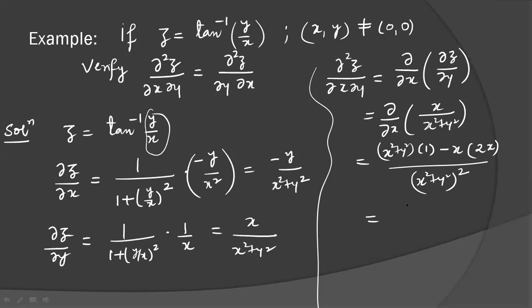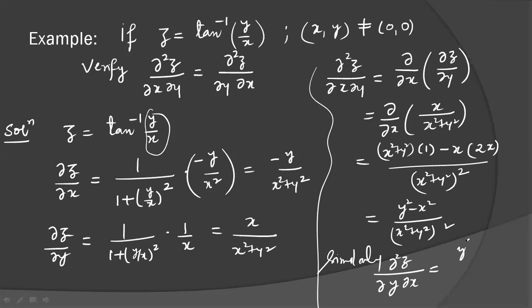So it will be y square minus x square over x square plus y square whole square. Similarly, you can check that del 2z over del y del x is equal to y square minus x square over x square plus y square whole square. So these two are equal.